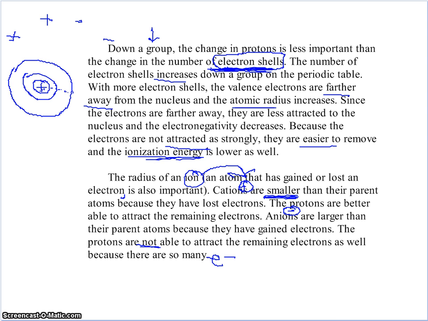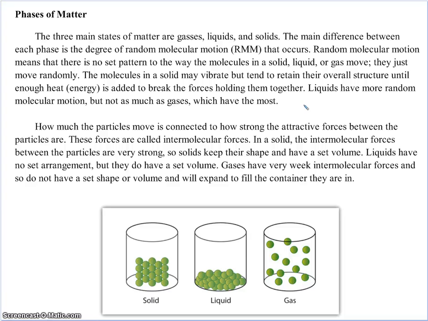Now you're going to have to go down to find the phases of matter reading. So, phases of matter. The three main states of matter, which I guess is the same thing as a phase, are gases, liquids, and solids. The main difference between each phase is the amount of random molecular motion that occurs.